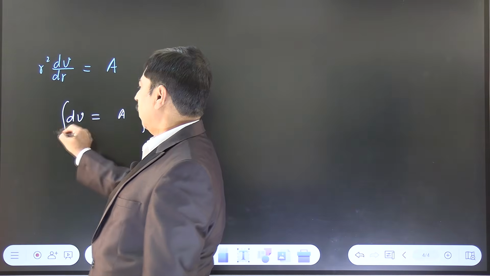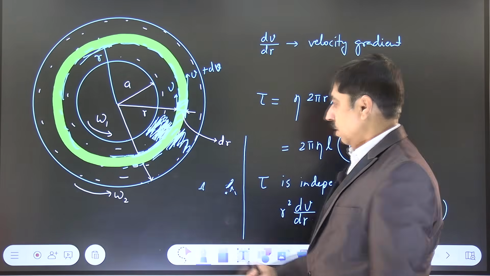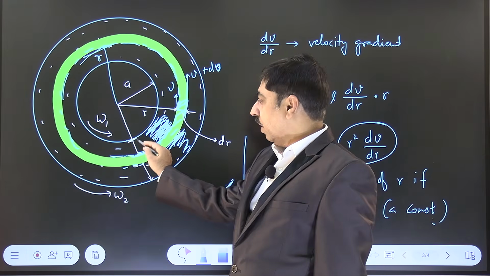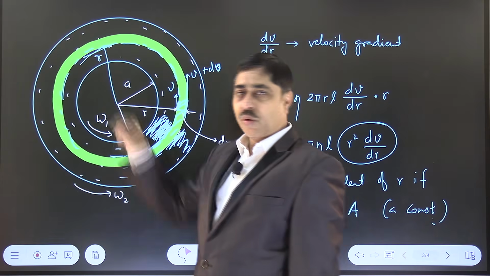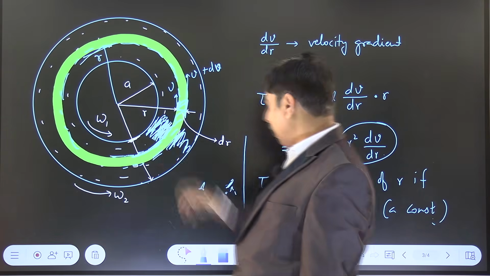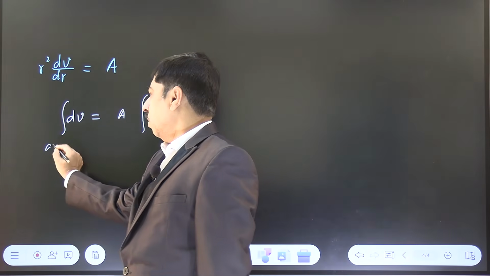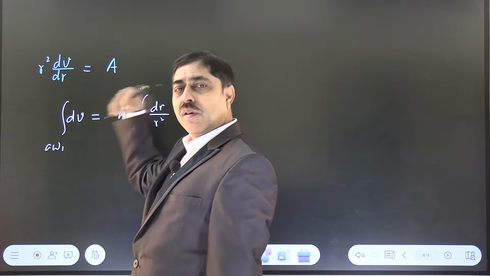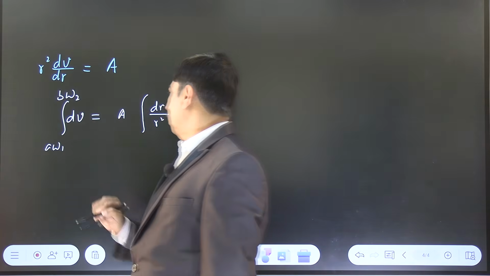If you integrate, what is the velocity of a fluid particle over here? The same as the velocity of the rotating drum. How much is the velocity here? A into omega 1. So A into omega 1, and similarly on the outer cylinder the velocity will be B into omega 2.